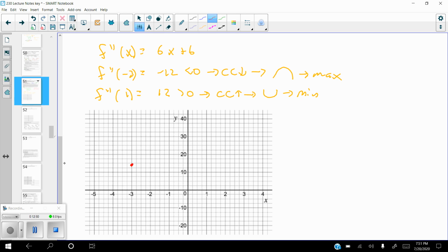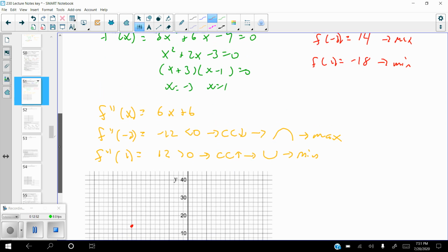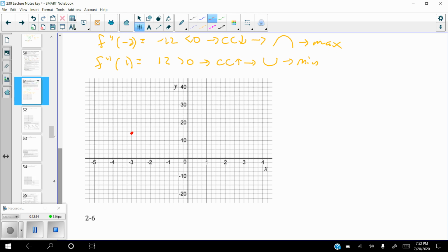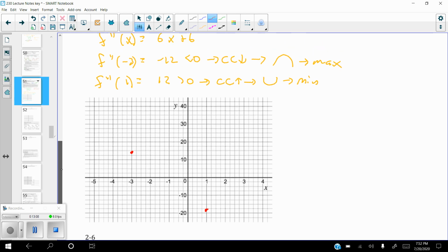And then the minimum value was at 1, -18. So at 1, -18 is going to be right about here, or fairly close to it. And again, this is a sketch. We're trying to do a decent sketch, but it doesn't have to be perfect.